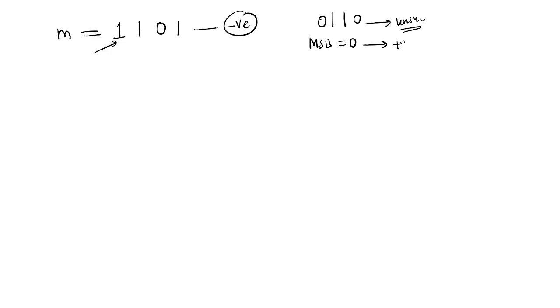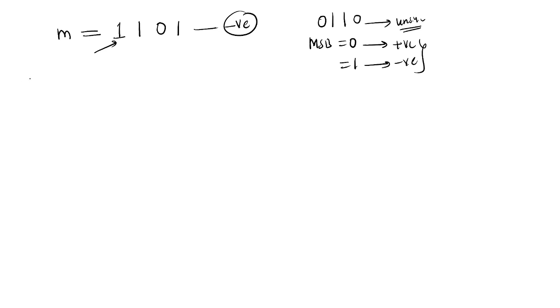If it is an unsigned number, normal shift operation only will be done. The MSB decides whether the given number is positive or negative. MSB equal to 0 means the number is positive. MSB equal to 1 means the number is negative. Okay, that is signed and unsigned numbers.